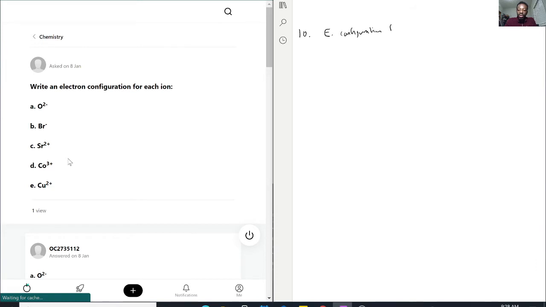The ones you have to really focus on are the ones that typically break the typical Aufbau principle for electron configuration. Those ones are typically found in transition metals because sometimes you have to do some rearranging to make sure you have the right thing. So now let's go ahead and start with oxygen 2-.